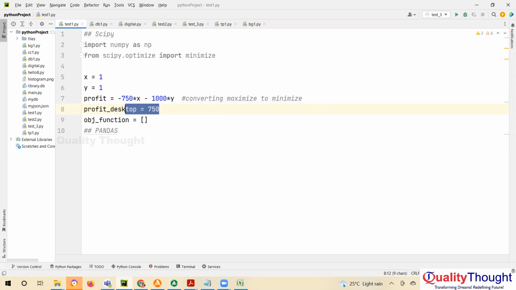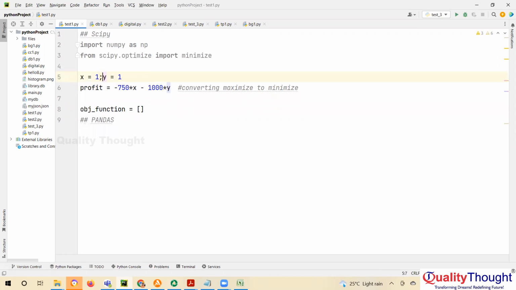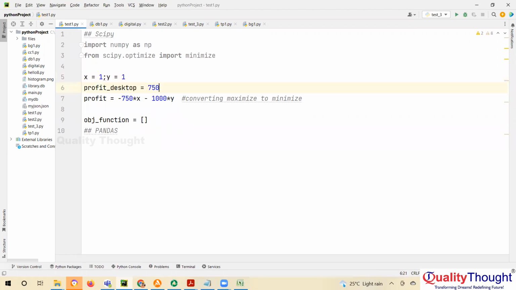In fact, we should write this before. We can also do profit desktop, comma, profit notebook equal to 750, comma, 1000.